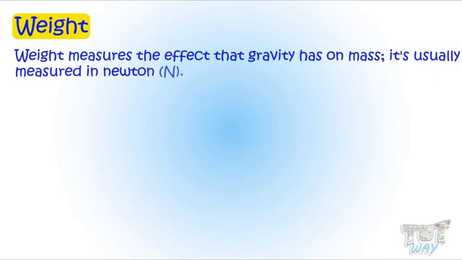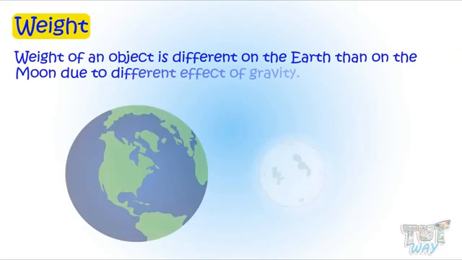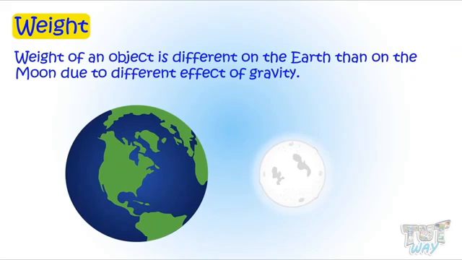Now let's learn about another property, which is weight. Weight measures the effect that gravity has on mass. It's usually measured in Newton. Weight of an object is different on Earth than on the moon due to different effect of gravity.